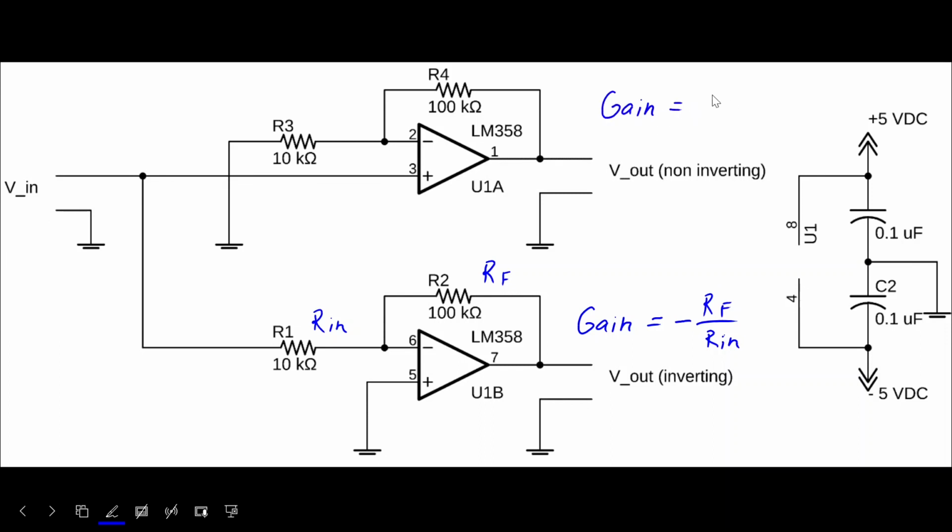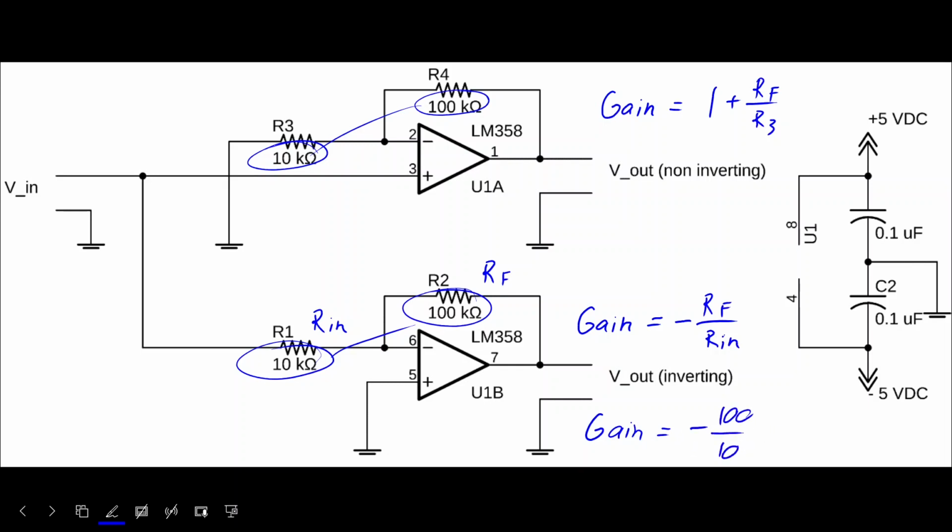The gain is equal to 1 plus RF over, well, we'll call it R3 in this case. So here it was the ratio of these two resistors, and here it's the ratio of the two resistors plus 1. Given the 100K and the 10K resistor, the gain for the inverting was negative 100 over 10, or just negative 10.